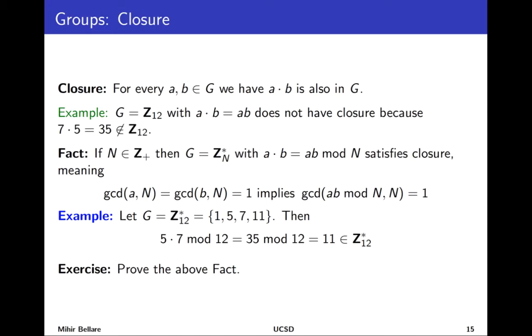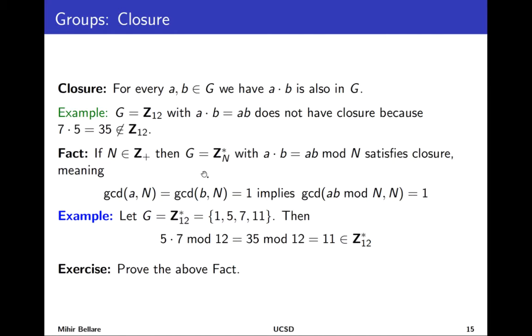But there's actually an interesting mathematical element here. You need the result AB mod n to be in G, and G is Zn star. That means that that result must be relatively prime to n. The GCD of A times B mod n and n must be 1, otherwise it's not in Zn star. So we are saying then that underlying this is a mathematical claim.